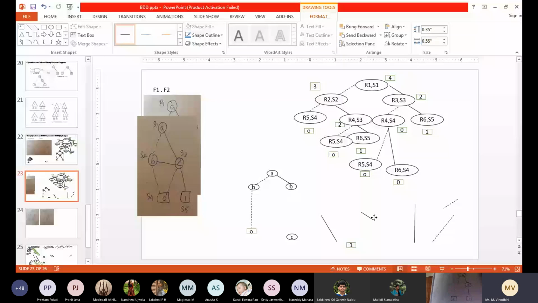This will be A and these two will be B. This 0 will go to 0 and this will go to C.